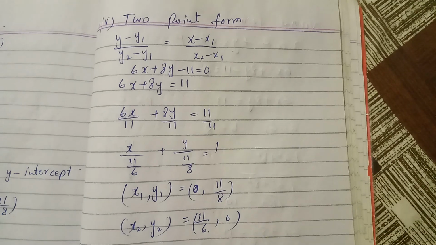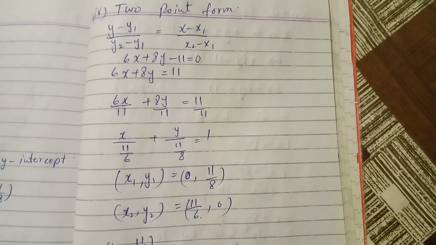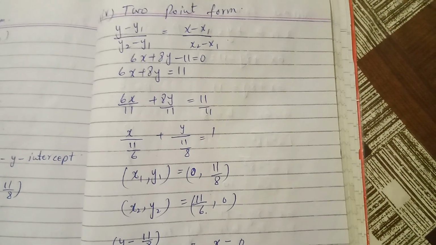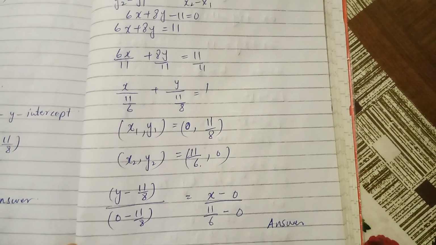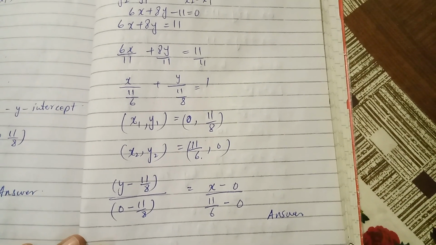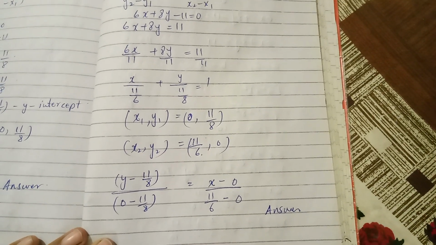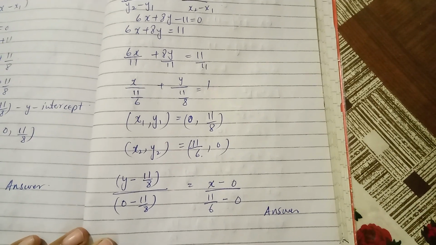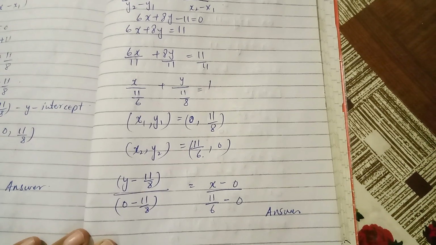Two point form. Two points means this formula: y minus y1 over y2 minus y1 equal to x minus x1 over x2 minus x1. The equation is given. We have to change the side of the constant number, and then it will become x over 11 over 6, y over 11 over 8 equal to 1. x1, y1 is 0 and 11 over 8, because the y-intercept is 11 over 8, then y is 11 over 8, then x is 0.